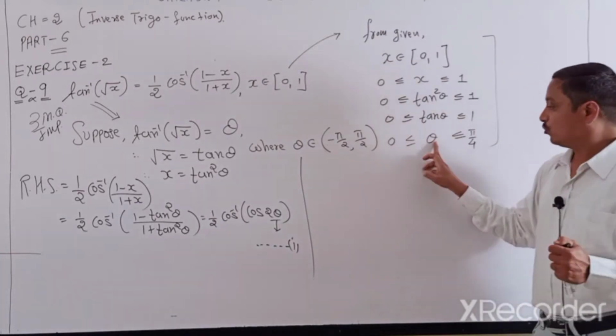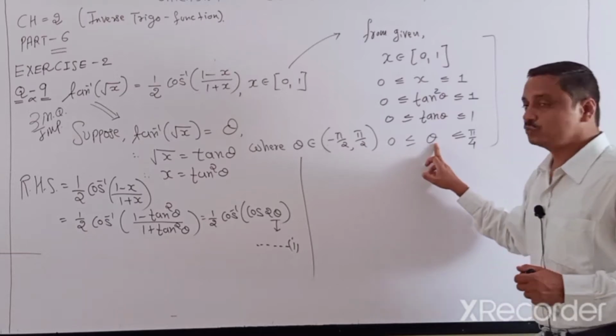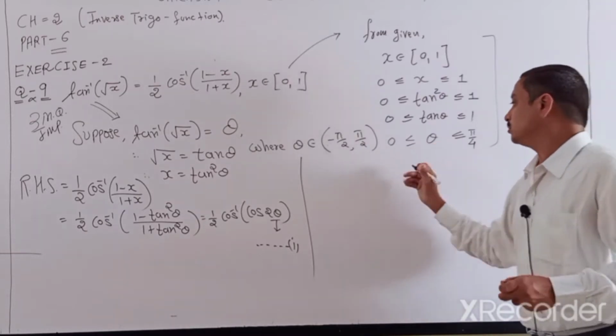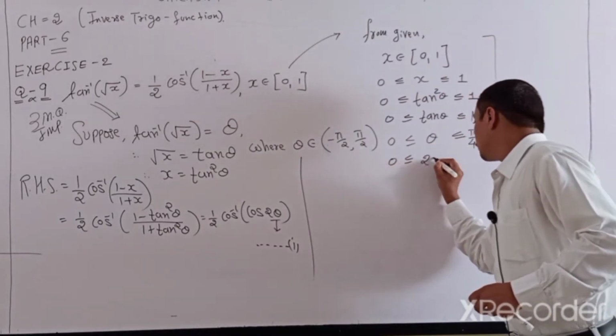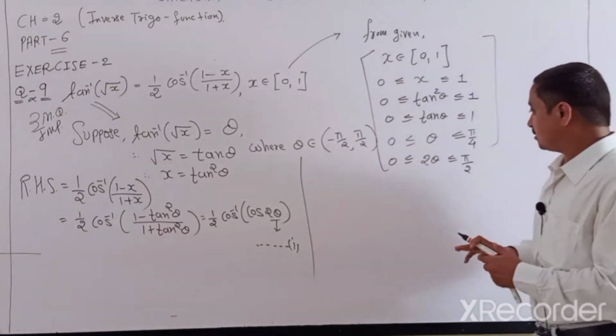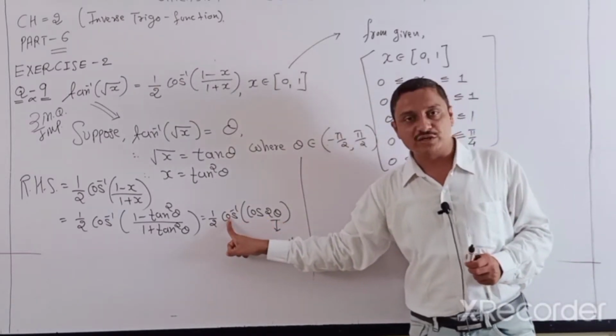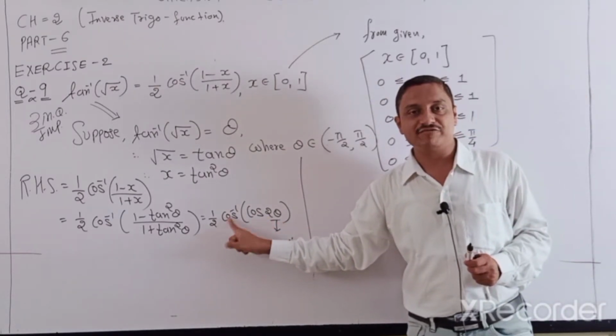Now I want 2 theta. So multiply each term: 0, 2 theta, and here pi by 2. Now students, check whether this interval belongs to the range of cos inverse. Yes, definitely.